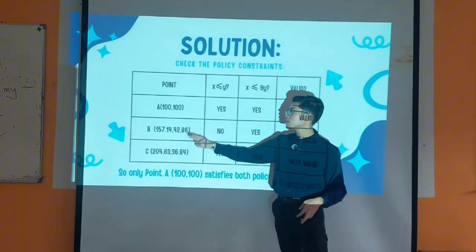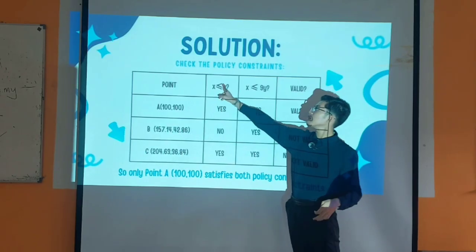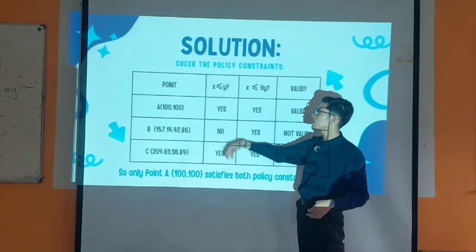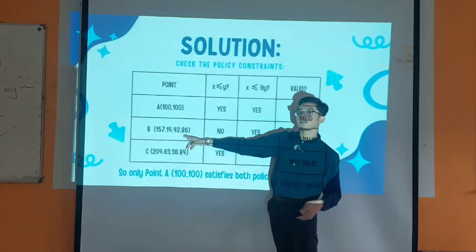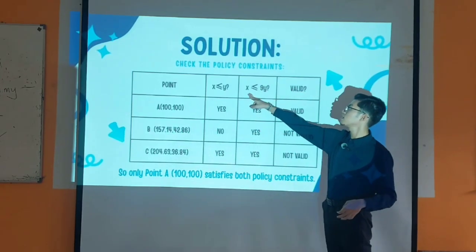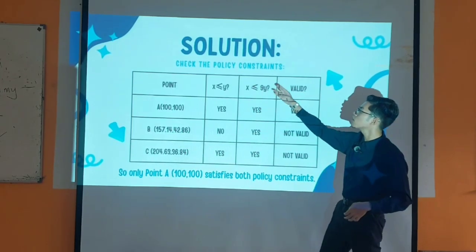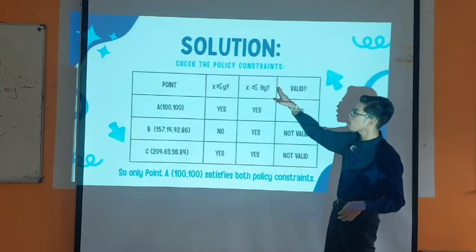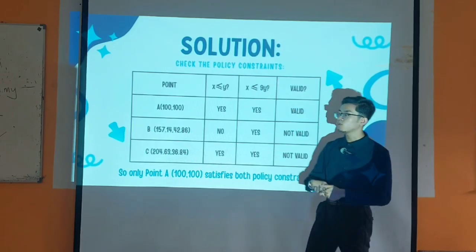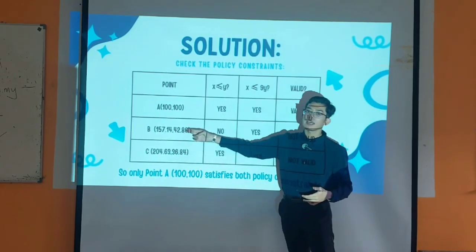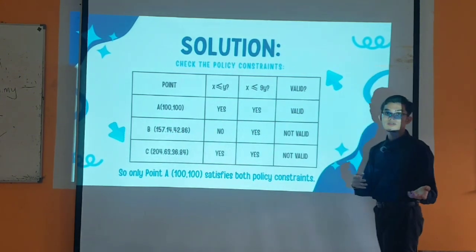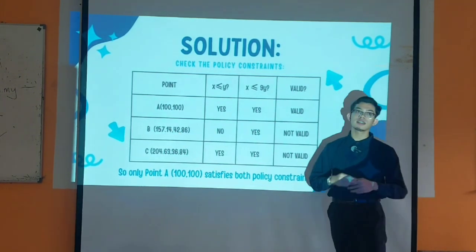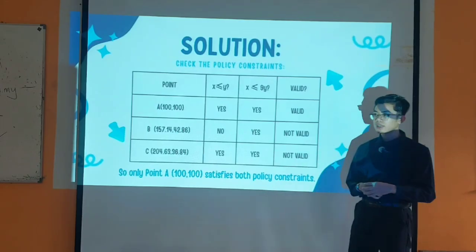How about the second? Okay, does x less than or equal to y? No, because x is higher than y. However, does x less than or equal to 9y? Yes. But is it valid? No, because it just satisfies one policy.